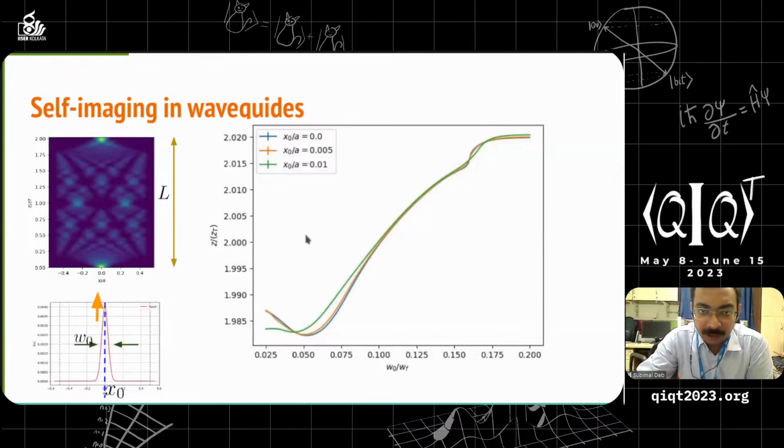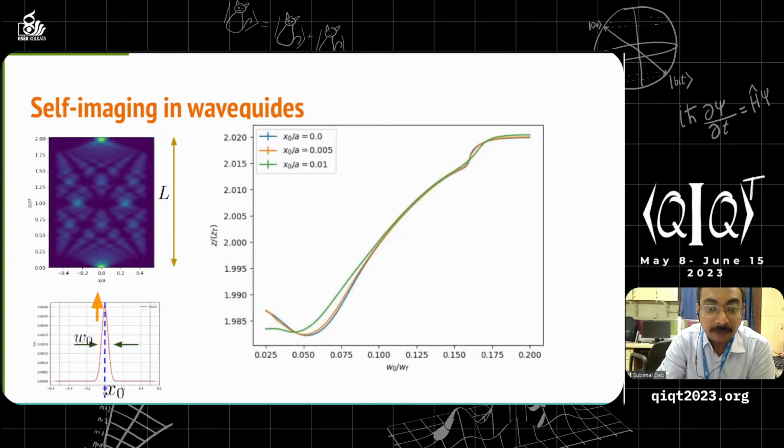I'll also point out here that the error bars have also been plotted, but you don't see them because the numerical errors are 1 in 10 to the power 5. So that tells us that we have the smoothness of the curve, and the low errors tell us that we are not looking at any numerical artifact.